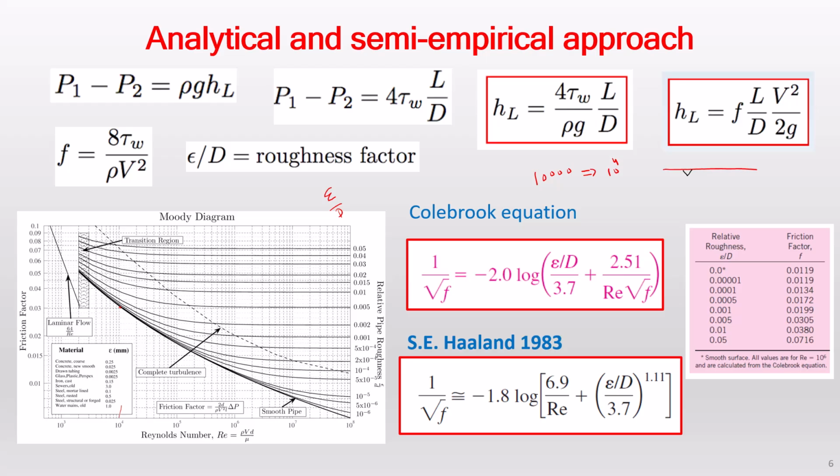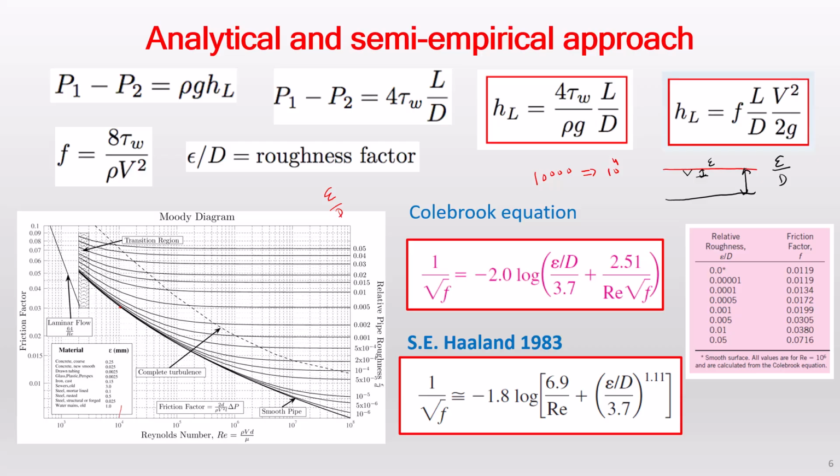It is random, not of the same size. I'm just giving an example. This is the roughness height epsilon, and the pipe diameter is D. The important value right now is the relative value of epsilon by D. This is called the relative pipe roughness.